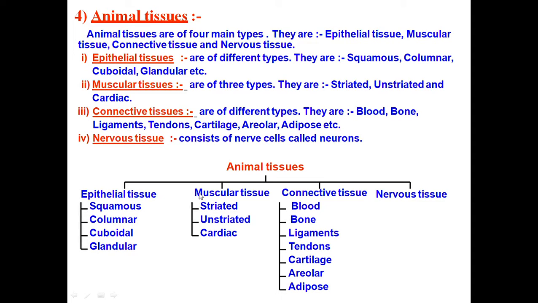Muscular tissue can be divided into three types: striated, unstriated, and cardiac. Connective tissue is again of different types: bone, blood, ligament, tendon, areolar tissue, cartilage, adipose. All these are the types of connective tissues. And then nervous tissue does not have its types again.